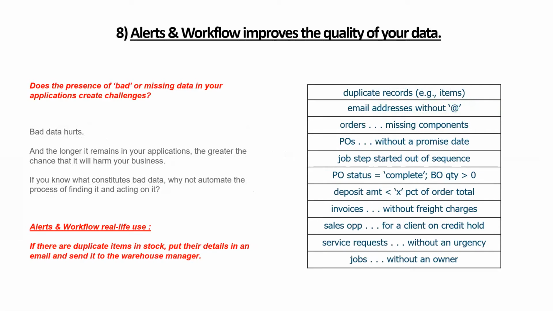We can also improve the quality of your data. Do you have bad or missing data in your applications, and does that create a challenge? I mentioned a minute ago, with the system-wide idea and the capability of alerts and workflow to monitor multiple systems, you can actually make sure that you're keeping information in sync between multiple systems, whether it's looking for addresses and making sure that they're the same between two systems, or looking for things like in your database, somebody went into the email address field and put in an email address without an @ sign.